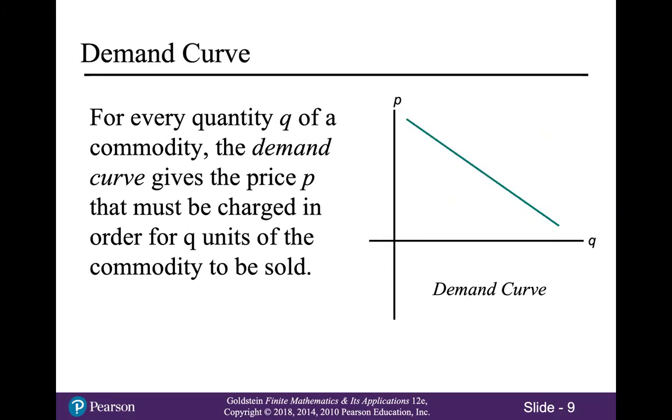And for a demand curve, for every quantity Q of a commodity, the demand curve gives the price P that must be charged in order for Q units of the commodity to be sold. So what we're usually interested in finding out is what is the price that should be charged for a commodity so that the supply and the demand are equal.